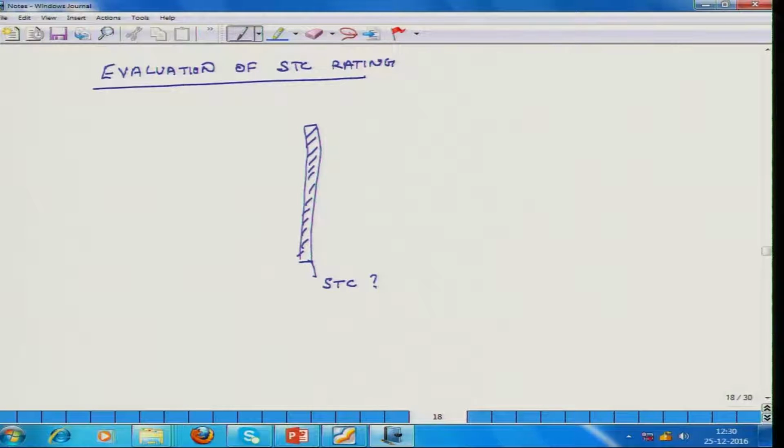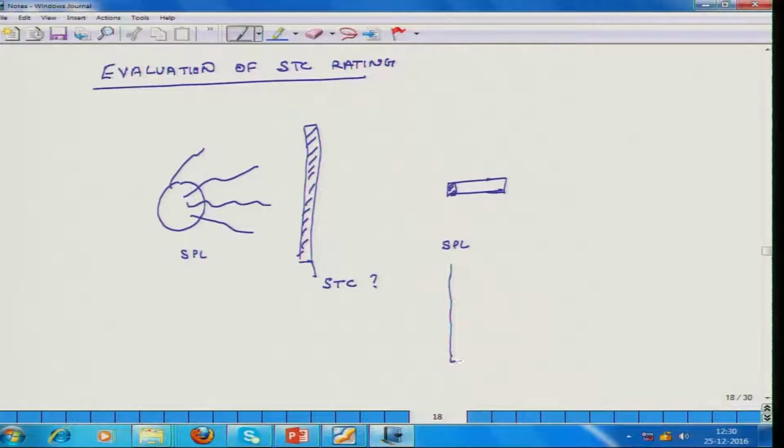What do I do? I play some sound on one side, and using a microphone I measure the sound on the other side. I measure the SPL here and I also measure the SPL there.